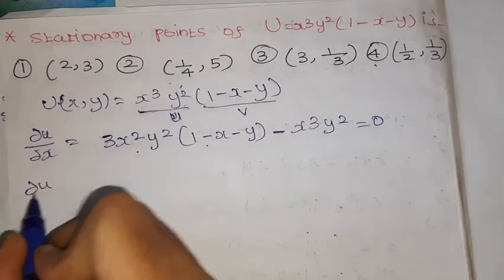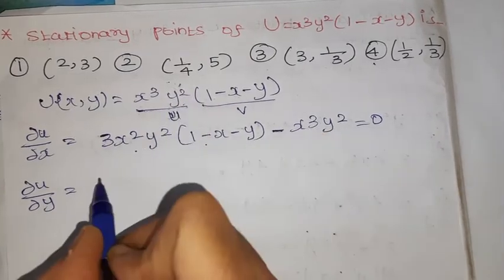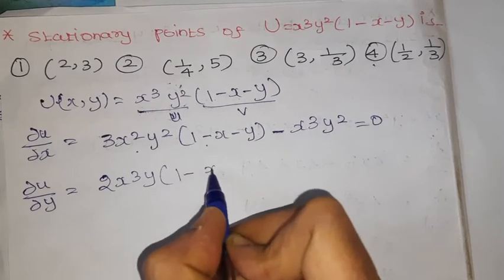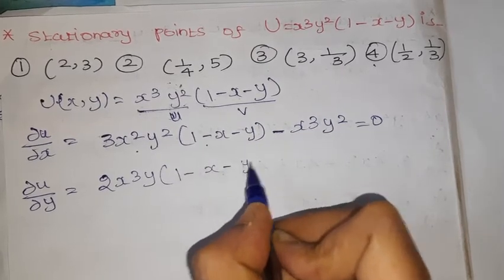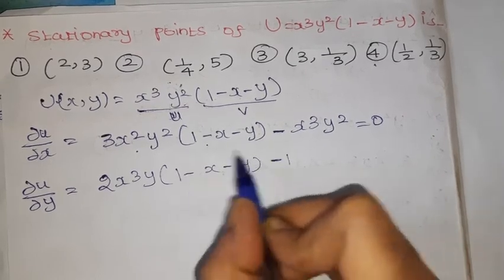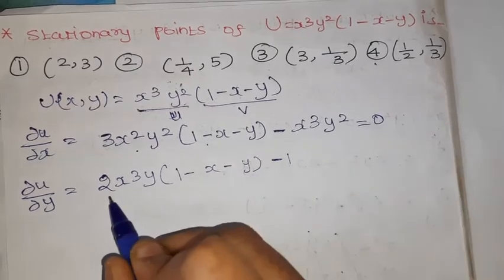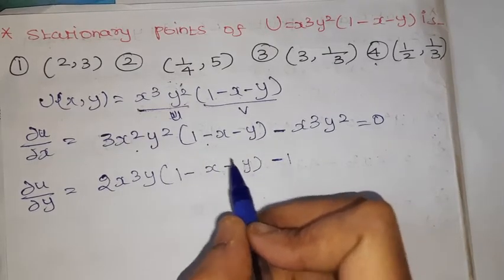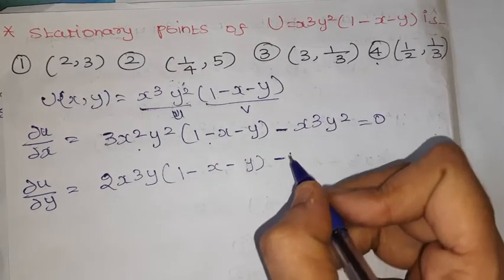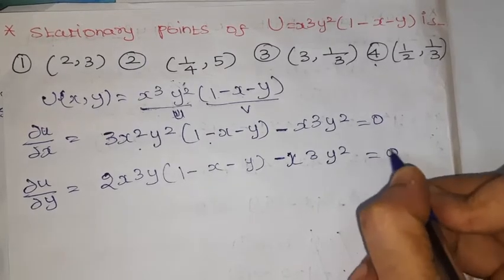Then ∂u/∂y, the same thing: differentiating 2x³y into (1 − x − y), then with respect to y, minus, when we differentiate this term we get −1, so minus 1 into x³y², equal to 0.